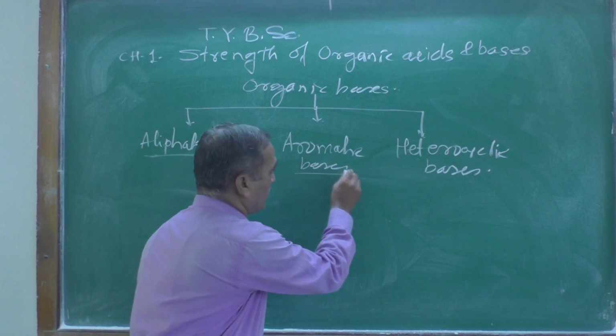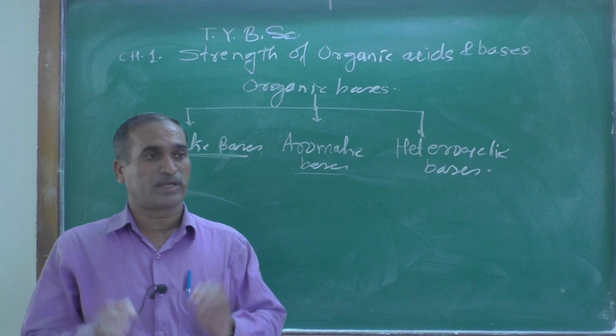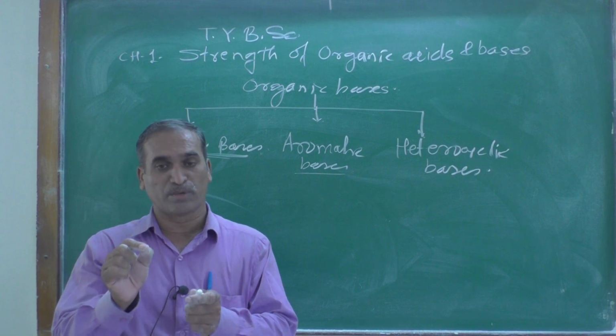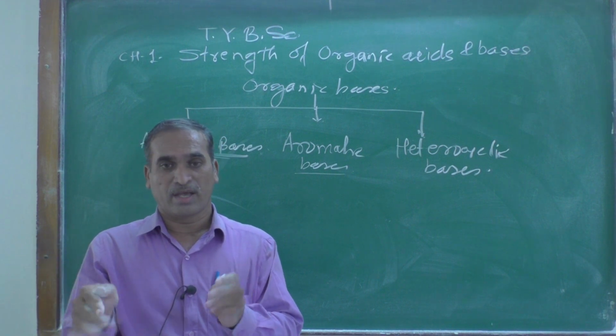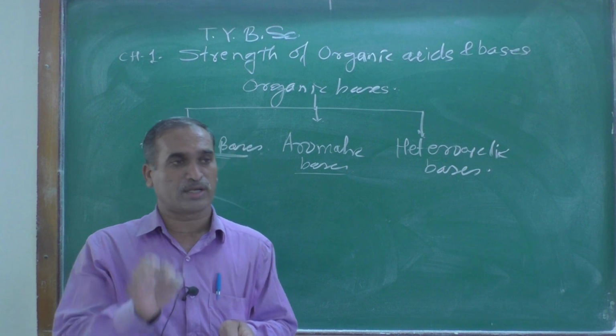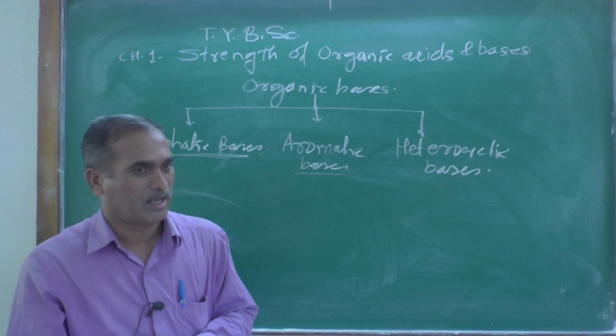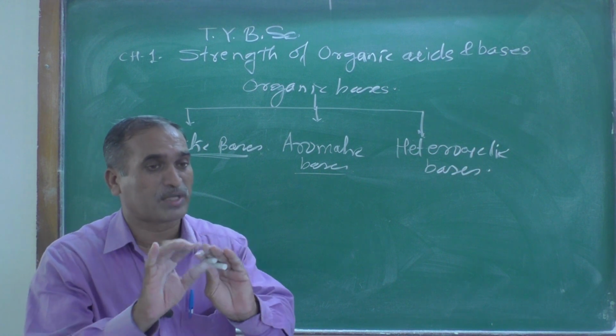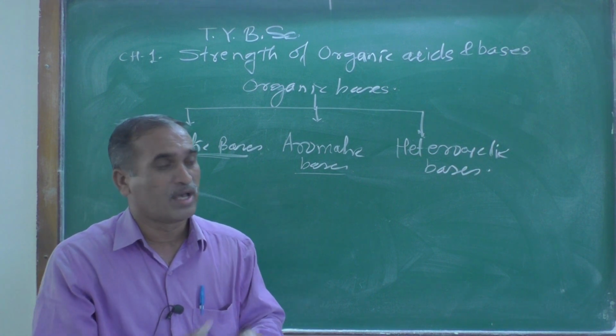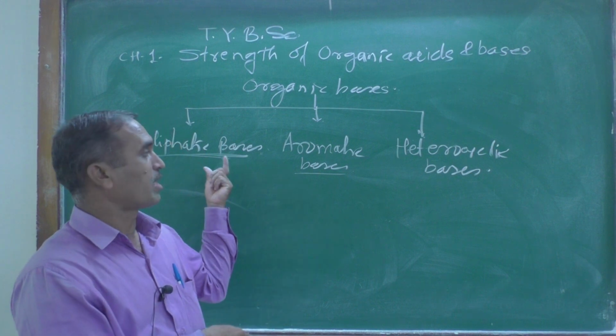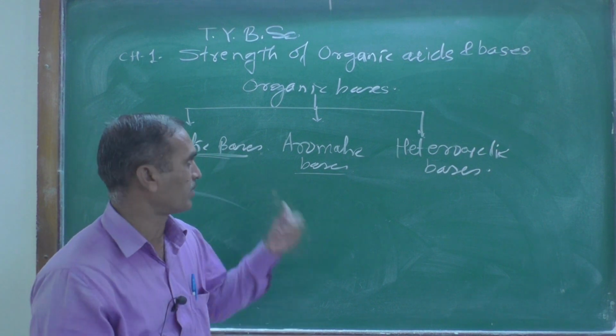Aromatic bases mean what? An aromatic compound has some fixed criteria, and if an organic compound fulfills that criteria, only then is it aromatic. The rest of the compounds you can call aliphatic in nature, right?